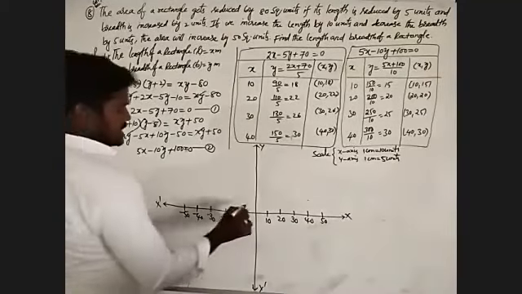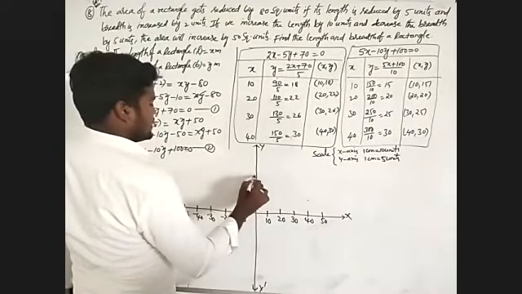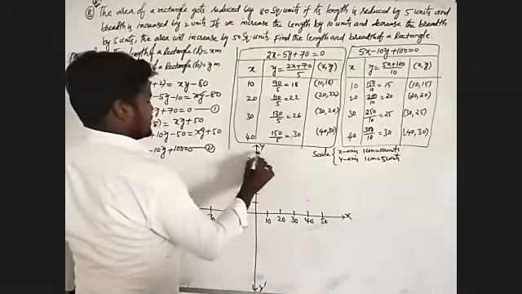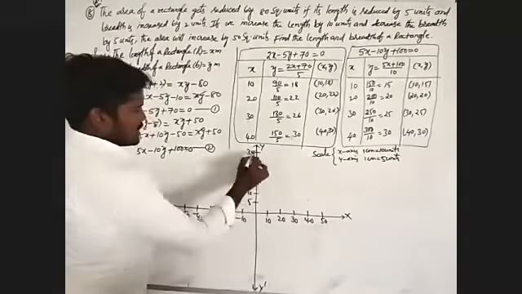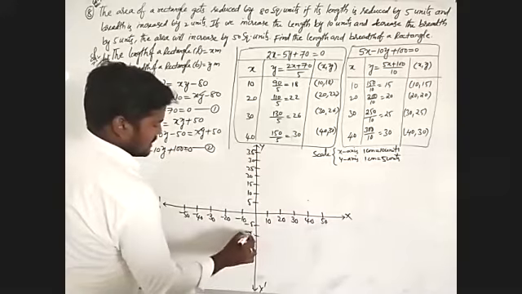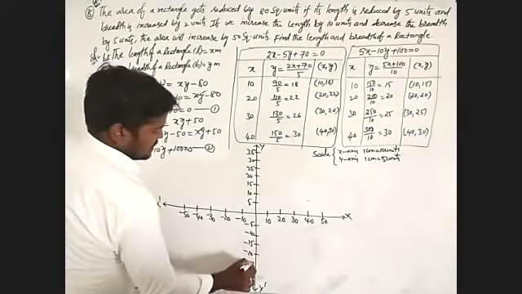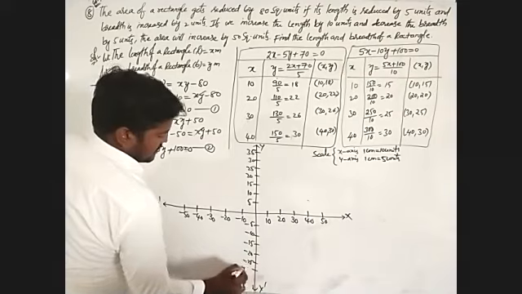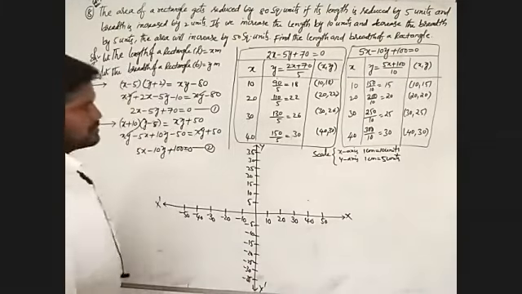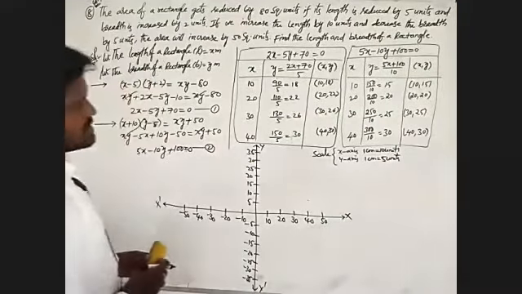On the y-axis we take 5, 10, 15, 20, 25, 30, 35. The negative y-axis becomes minus 5, minus 10, minus 15, minus 20, minus 25, minus 30. Finally, we take minus 35. Once we have done that, we check the pair of equations.